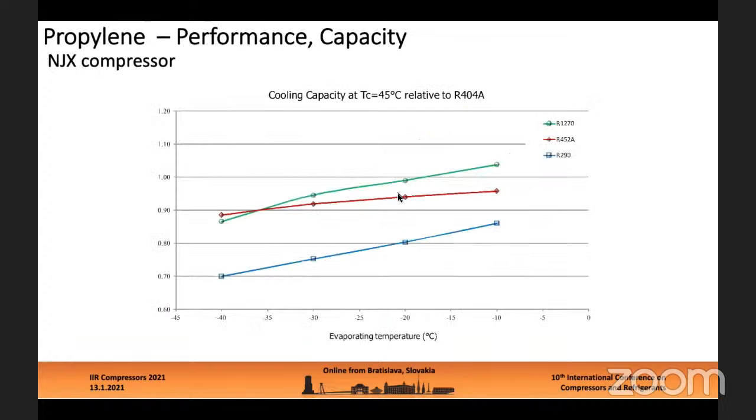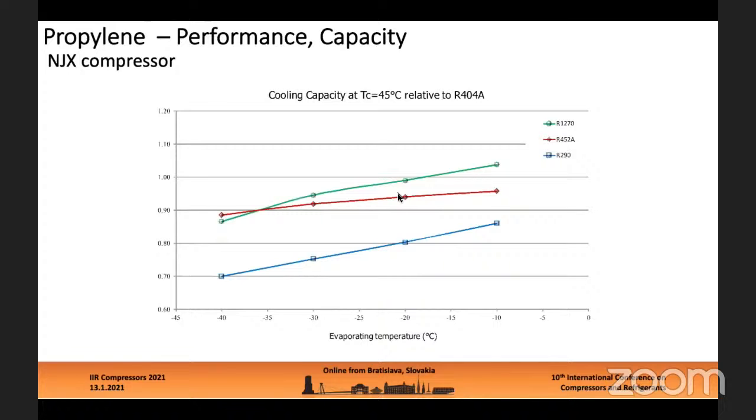How to understand better the performance of propylene? We did comparative calorimeter tests on an NJX low back pressure compressor, and we compared the performance with other gases like 452A, which is a transitory gas, and propane, to the original 404A.